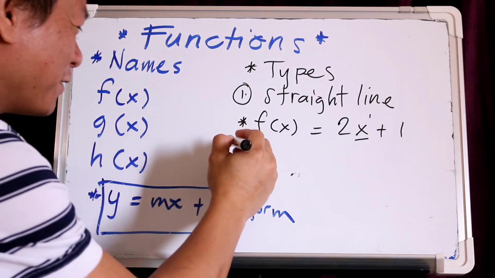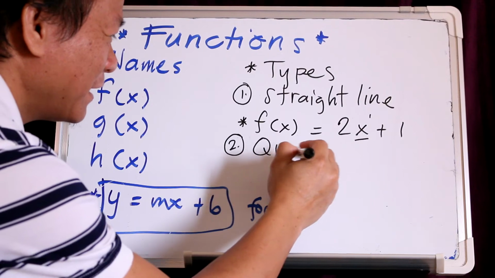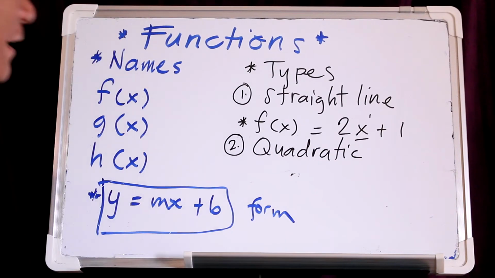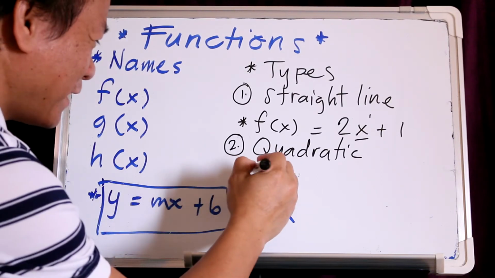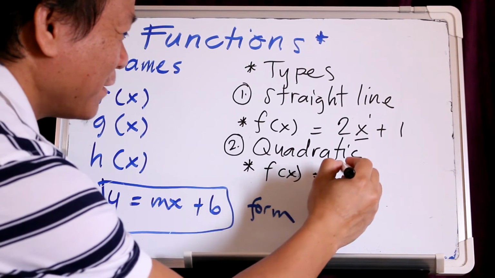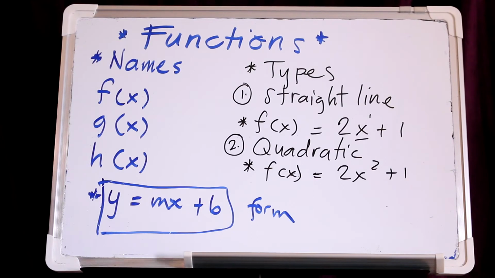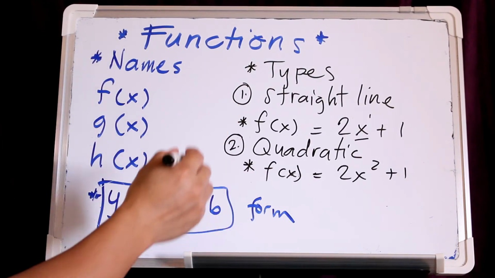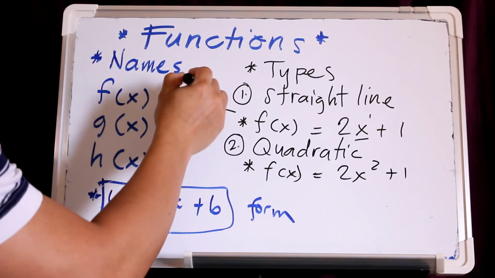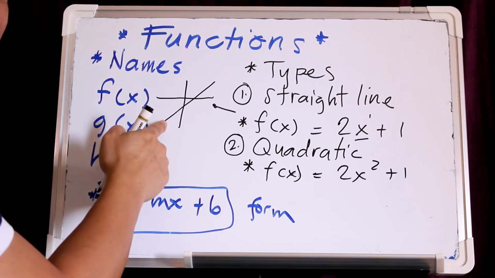Another function would be quadratic, the one where we find the x before. So quadratic has maybe f(x) equals 2x squared plus 1. Okay, so let's graph these two. If you are going to graph a straight line function, you are going to have somewhat like this, a straight line.